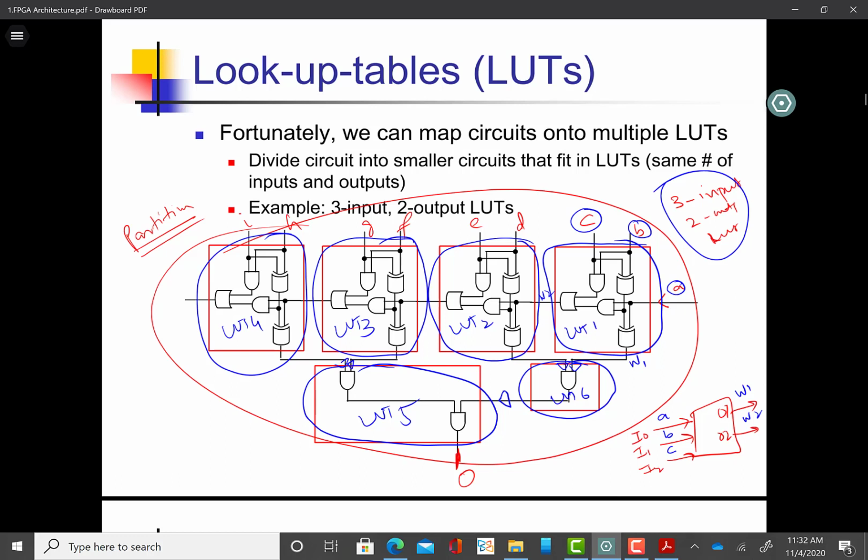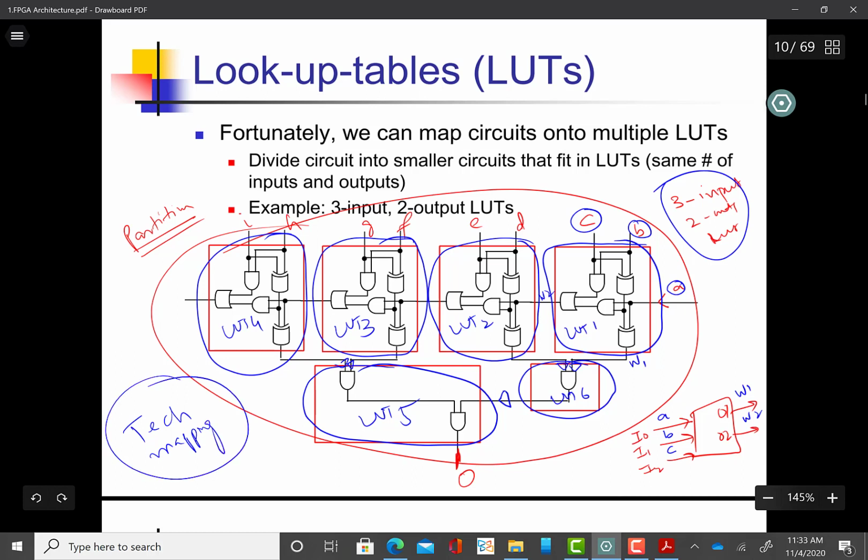This process is basically called technology mapping, or simply mapping. So you take your digital circuit and you divide it into small pieces so that each piece can be put into a lookup table. This process is automatically done by the software from vendors.